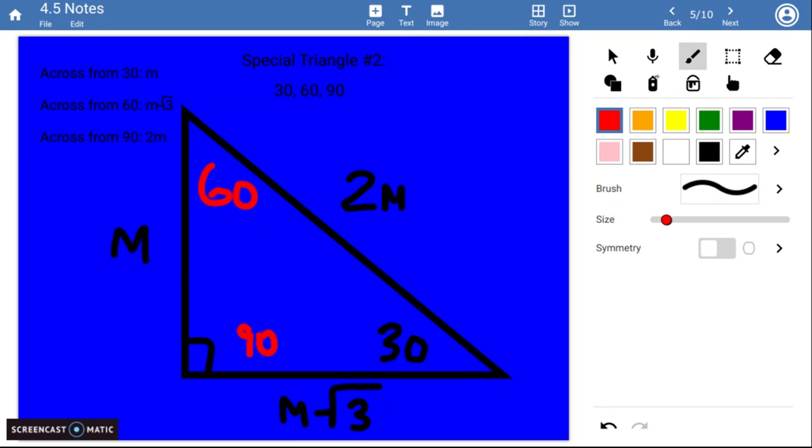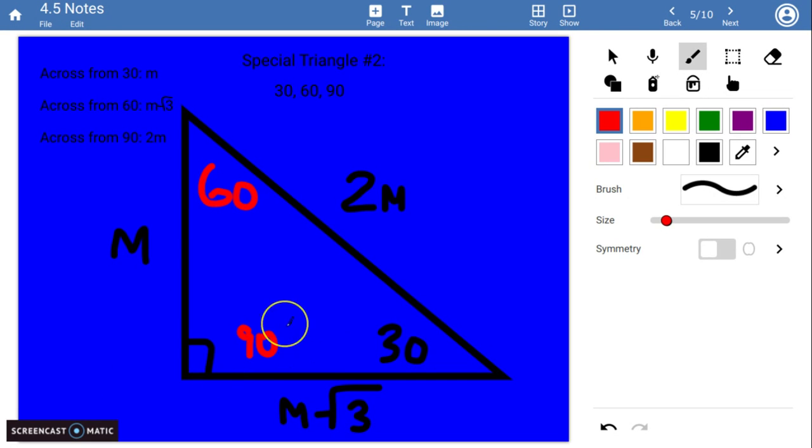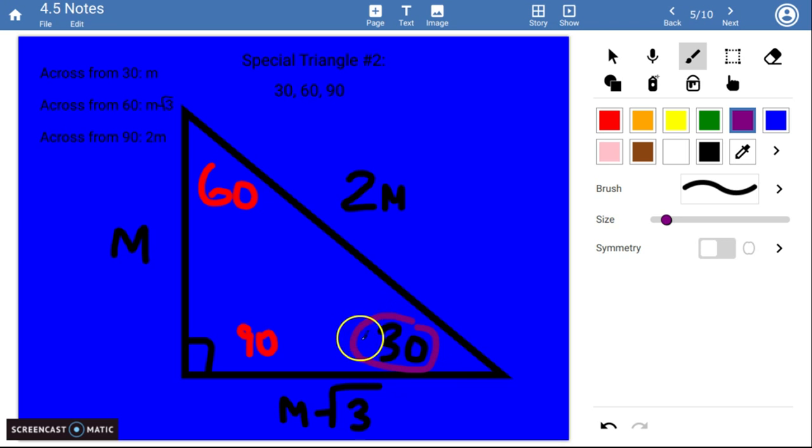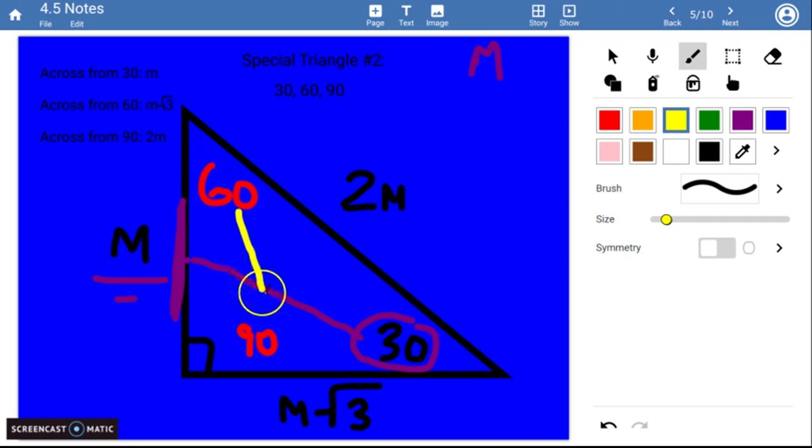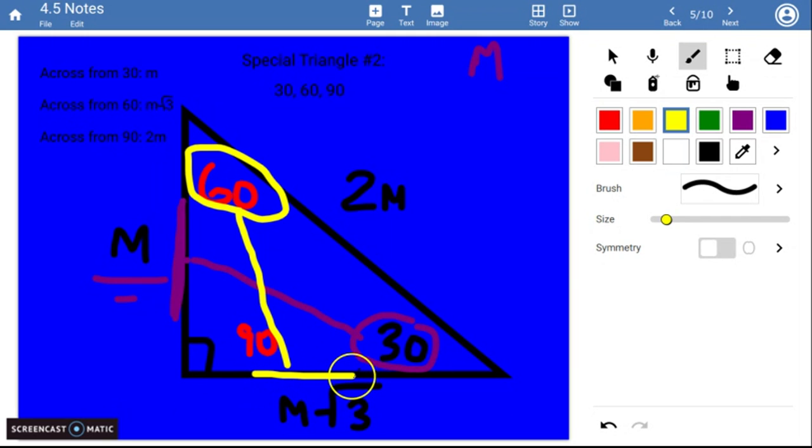This time no certain angles are equal, but the side across from the 30 degrees will be your M. When you're talking about the 30, 60, 90, you represent that side length as M. The side across from the 60 degree marking is represented by M root 3.